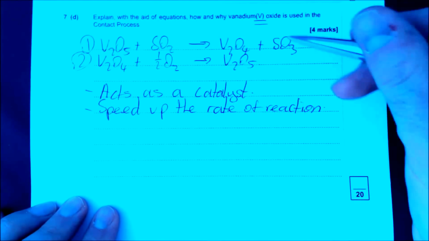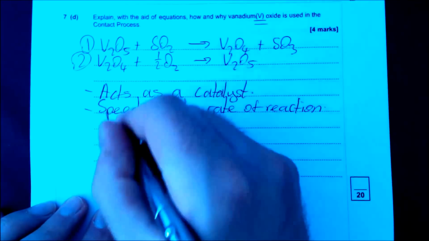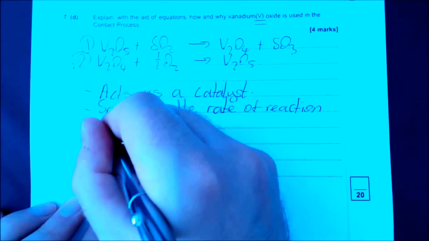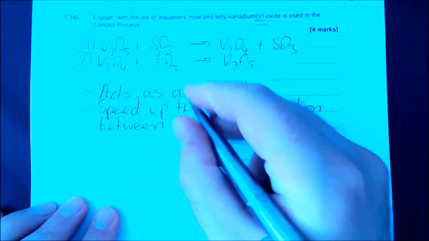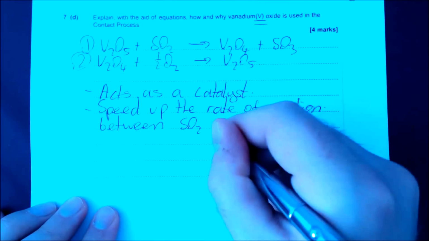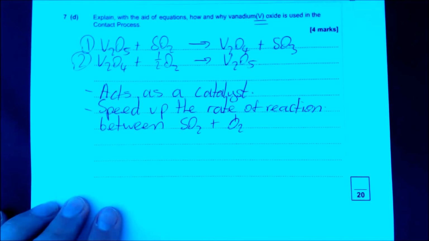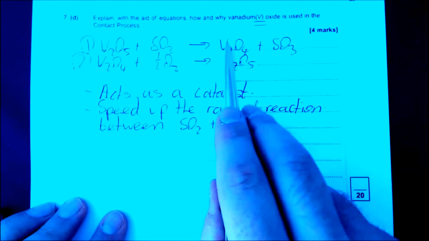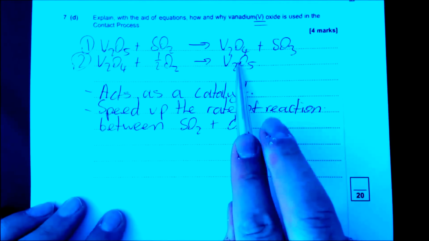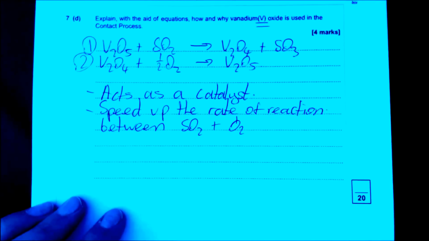We just need those two to produce that, but we're using this as a catalyst. So speed up the rate of reaction between SO2 and oxygen as well. And we know it's a catalyst because there's your V2O5 and it's used up here, but then it's reformed at the end. So that's another classic sign that this is acting as a catalyst.